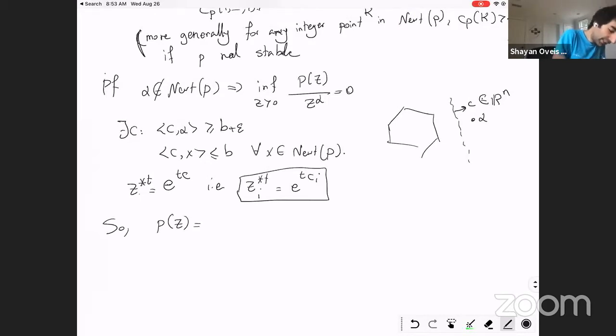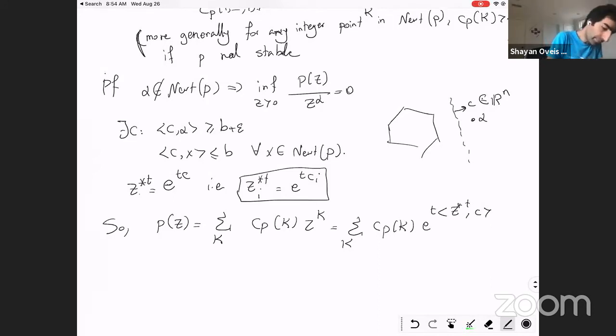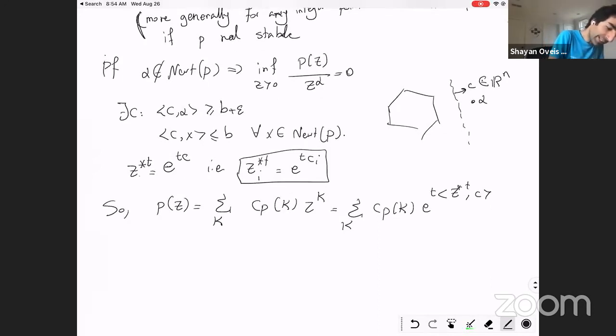P of z is equal to summation over all kappa, which are integer vectors, C_P of kappa z to the kappa. Wait a second, sorry.